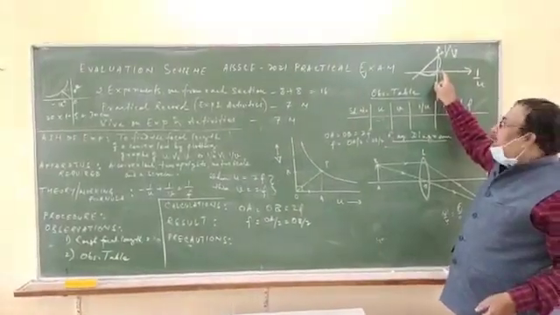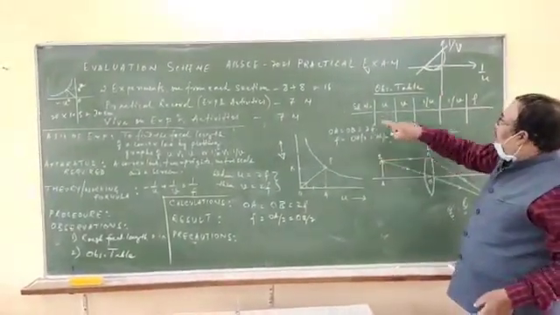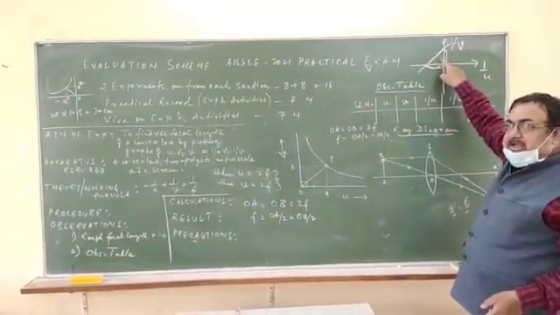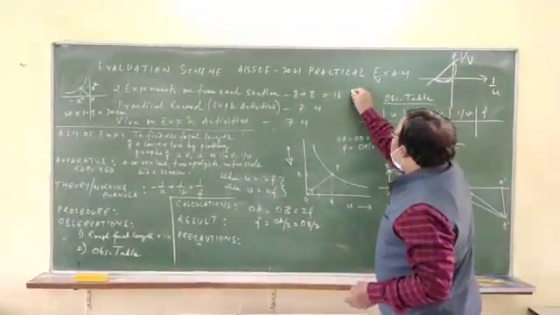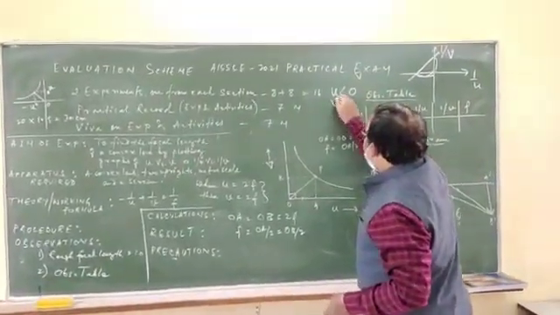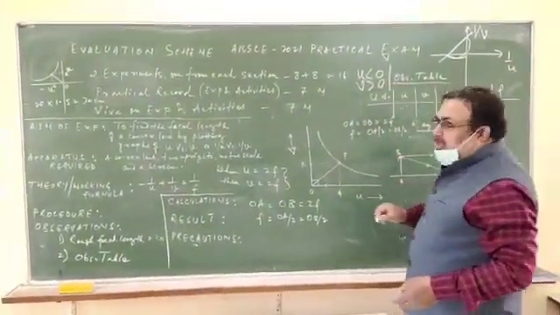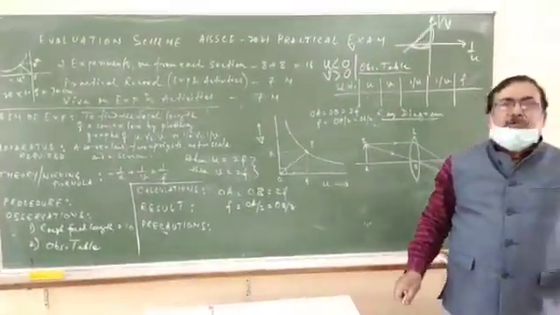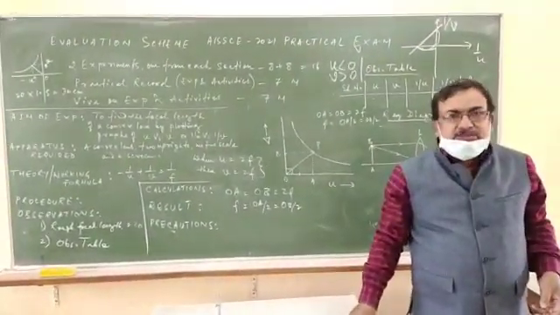So in this way, actually you will get the two graphs in the second quadrant, because u is negative and v is positive. So in this way, you can find out the focal length of the given convex lens. Thank you.